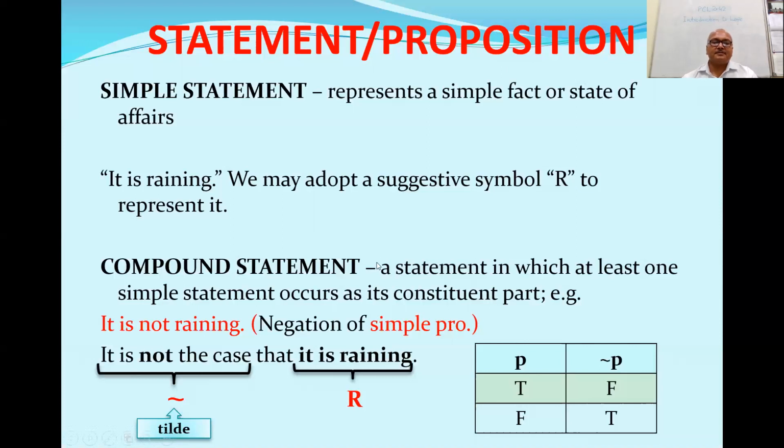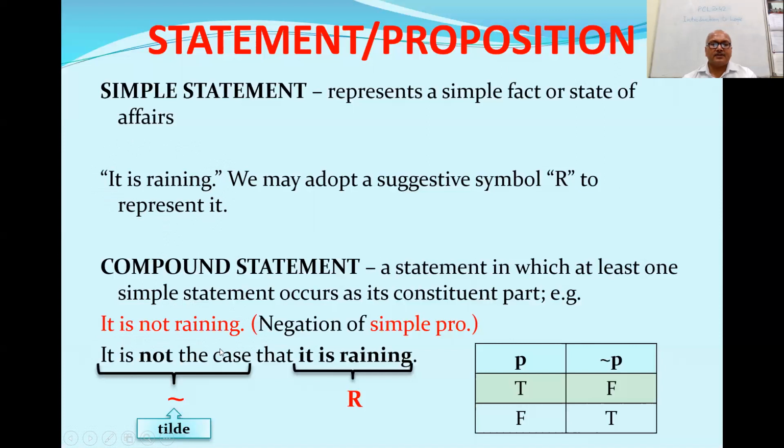Now consider the example we have taken, it is raining, as an instance of a simple statement, and we have chosen the R symbol. Suppose we take the negative counterpart of the same statement, that is, it is not raining.